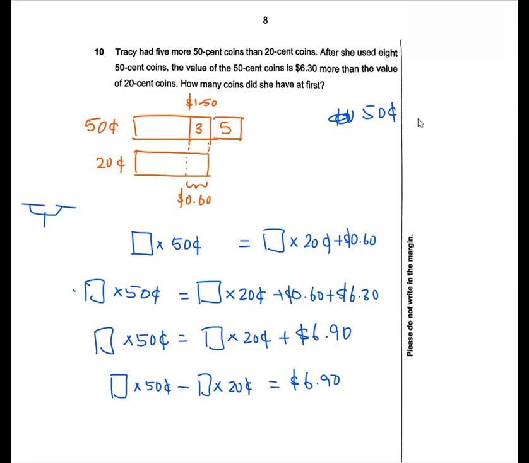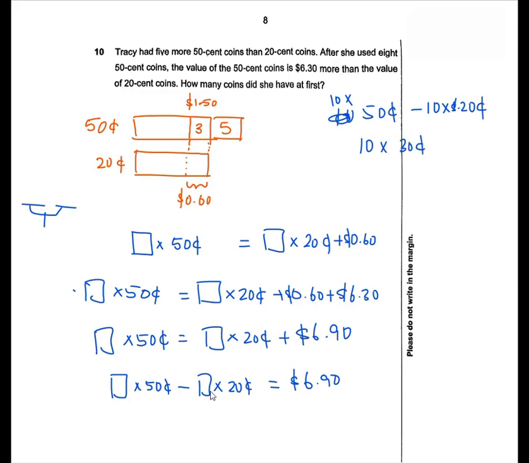What is the total amount of money that you would have? Let's say this is 10 times 50-cent coins minus 10 times 20-cent coins. So what would happen actually here? You will be left with 10 times 30 cents.